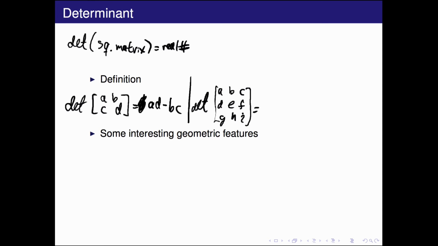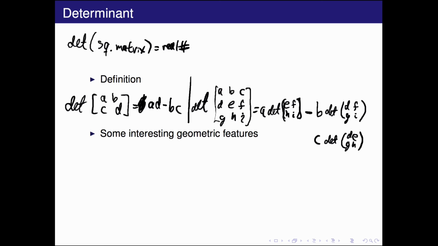goes like this. You take the 1,1 entry, A, and multiply it by the determinant of the submatrix that you get by destroying that row and column, E, F, H, I. You take the 1,2 element, which is B, multiply it by the determinant of the submatrix D, F, G, I, the stuff that's left over if I destroy the column and row corresponding to B, and C times the determinant of the matrix that I get by removing the column and row corresponding to C, which is D, E, G, H. And then there's a sign convention.